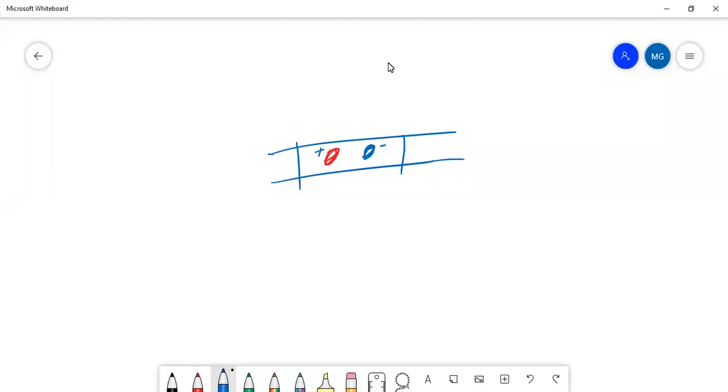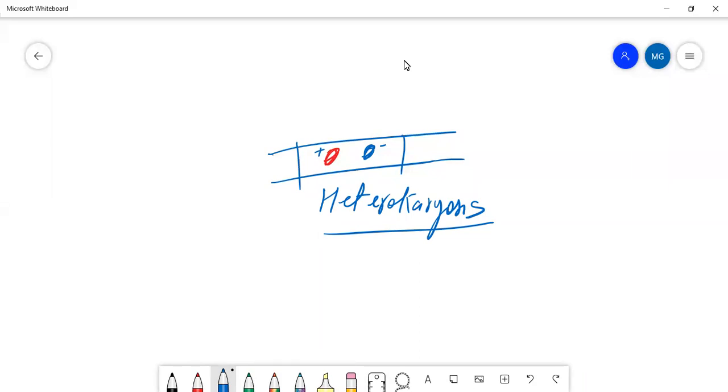Now this existence of two different nuclei in the same cell, this is called what? This is called heterokaryosis. So existence of two different nuclei within the same cell, we call it heterokaryosis.